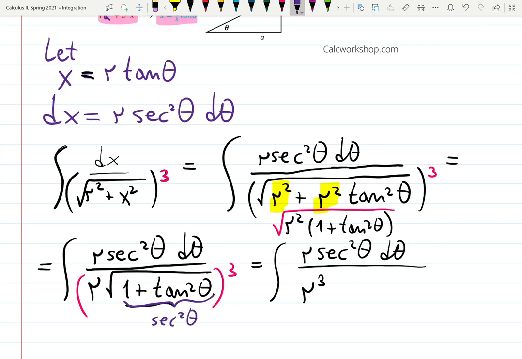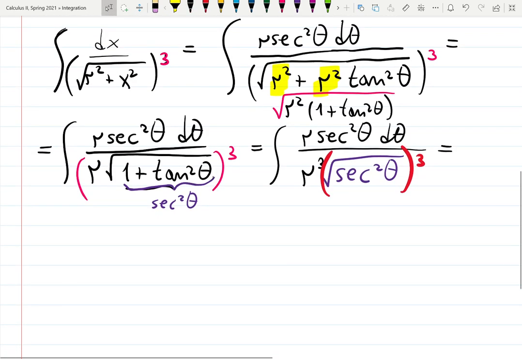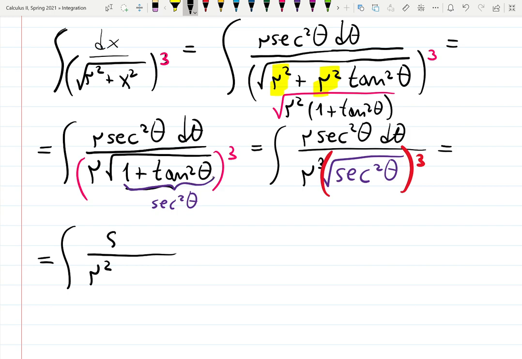So I have just secant squared theta inside of the square root. So that's going to be just secant squared, but still cubed, remember that. Finally, we can start simplifying. So r cancels out with r cubed and gives you r squared in the denominator. Secant squared theta, secant cube theta, d theta.